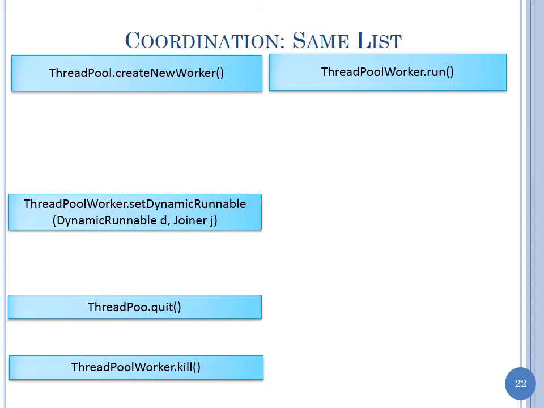Okay. And what will the ThreadPool.quit do then? Who will call the kill method in the ThreadPool worker?